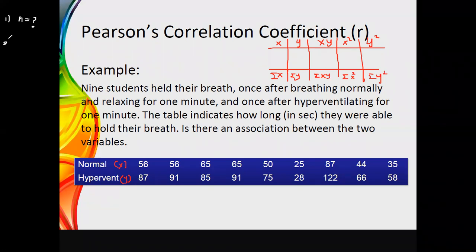Thereafter, you need to calculate the value of x bar using the equation summation of x divided by n. In the third step, you need to calculate the value of y bar using the equation summation of y divided by n.